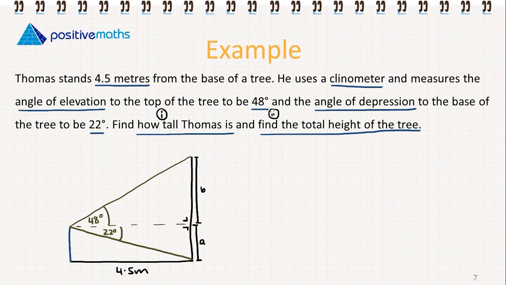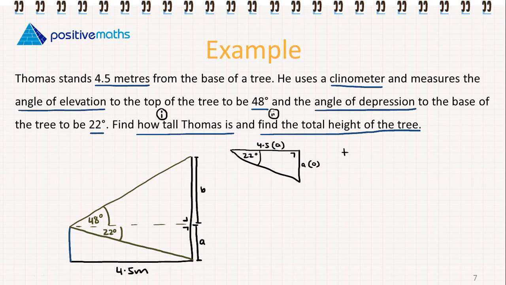So to do this, we're using this small triangle. If I draw a quick sketch, we have a right angle triangle, we have 22 degrees. We have this distance at the top, 4.5 meters, and we're looking for the side A. So we notice that we have the opposite side of the angle, and the adjacent side.